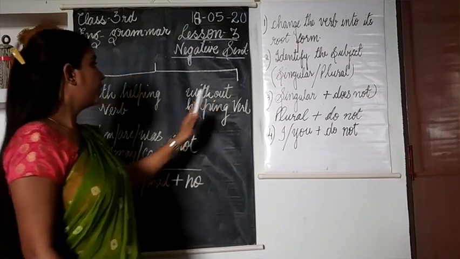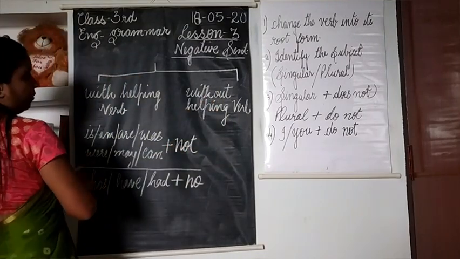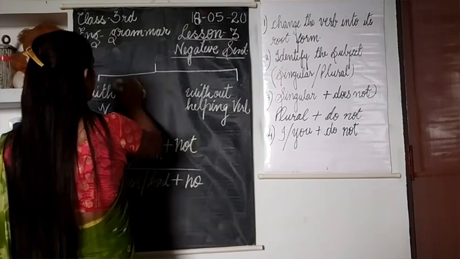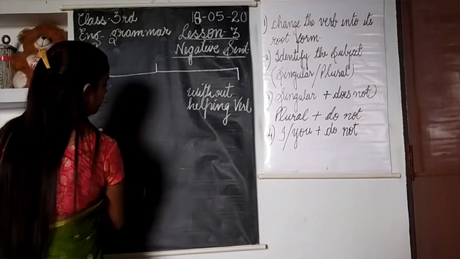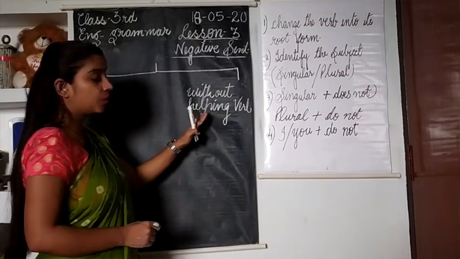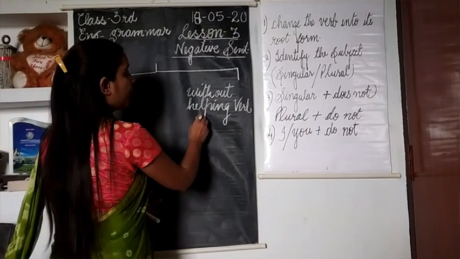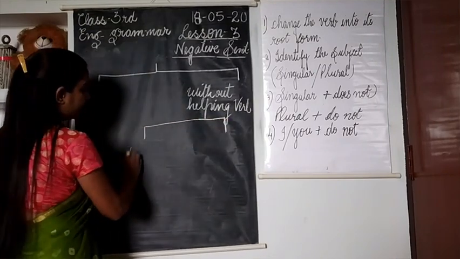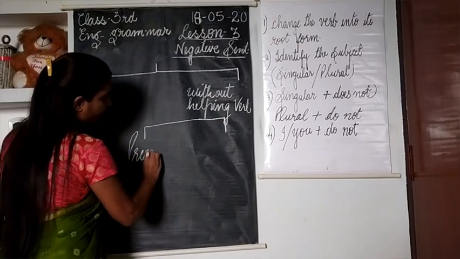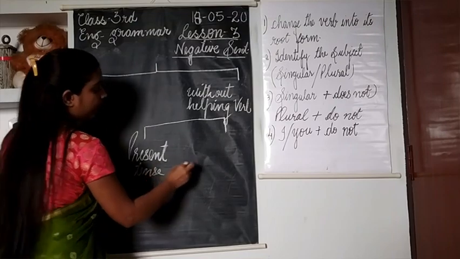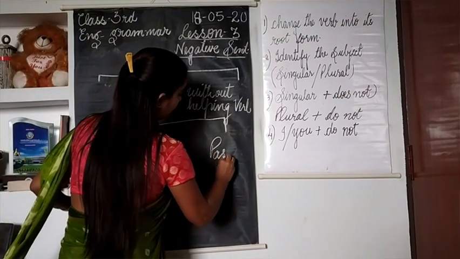If sentences are without a helping verb, children, here you need to identify the tense of the sentence. You will have to identify whether the sentence is in present tense or in past tense.